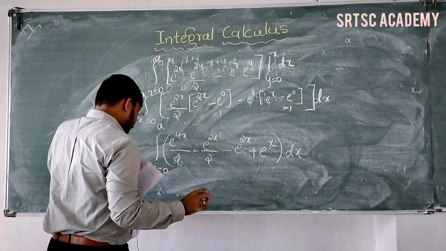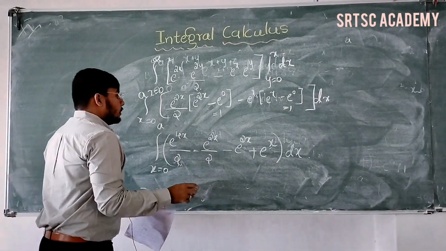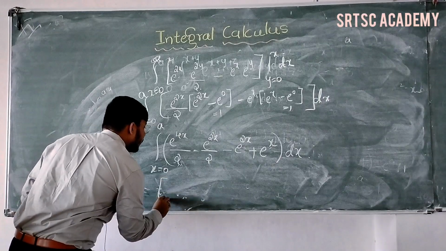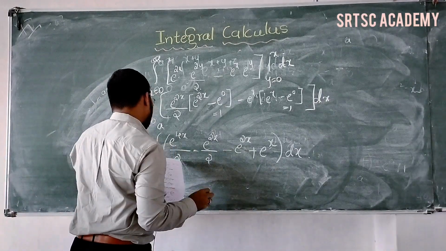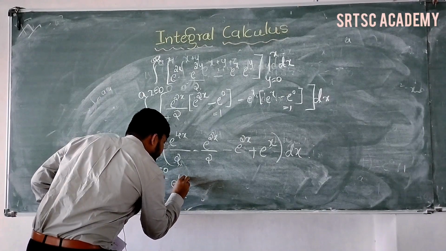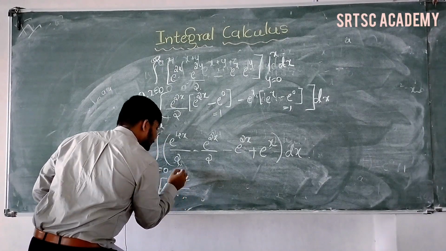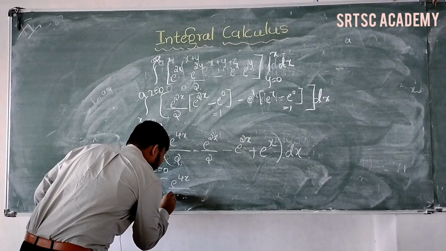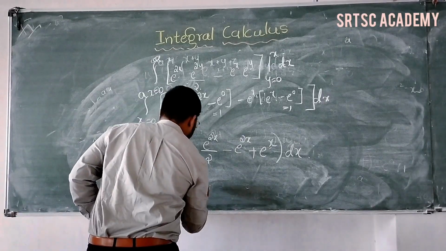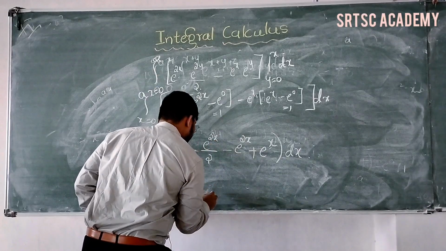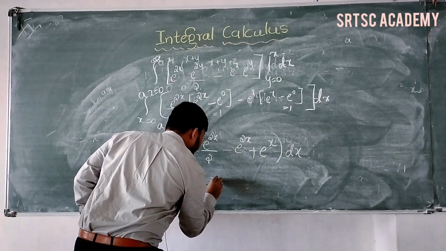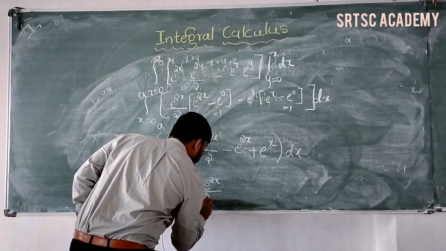Okay. Now integrate it with respect to x. Simple. e to the power 4x divided by 2. That is, write e to the power 4x as it is, then divide by the coefficient of x. Simple. 4, already we have 2, that is 4 into 2. Minus e to the power 2x divided by the coefficient of x, 2.